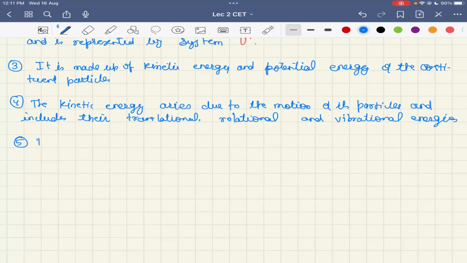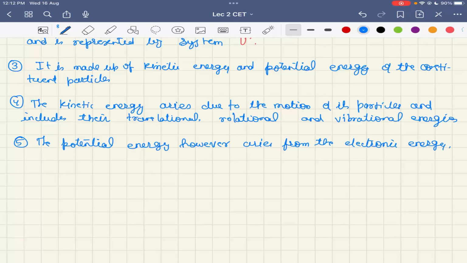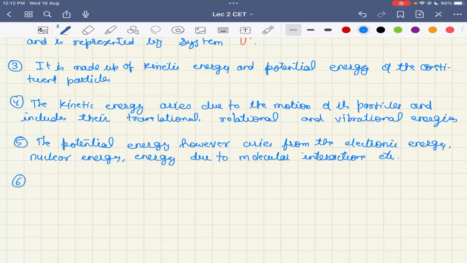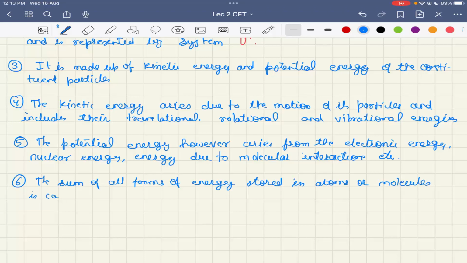Okay, the potential energy, however, arises from the electronic energy, then nuclear energy, energy due to molecular interactions, etc. The sum of all forms of energy stored in atoms or molecules is called internal energy.